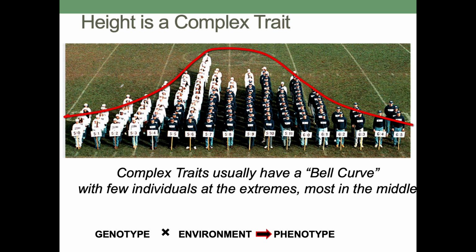In this case, they have a so-called bell shape, where if you plot the distribution of that particular trait, if it's a quantitative trait, most individuals will be somewhere in the middle of that range. Fewer individuals will be at the low end, and fewer individuals will be at the high end.